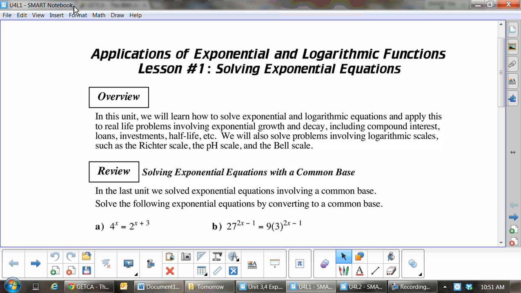Sound, the decibel system, the whole pH, right? That is all based on logarithms, exponents. So you're going to use logs a lot whenever you are trying to find out the magnitude, because the Richter scale is the exponent.